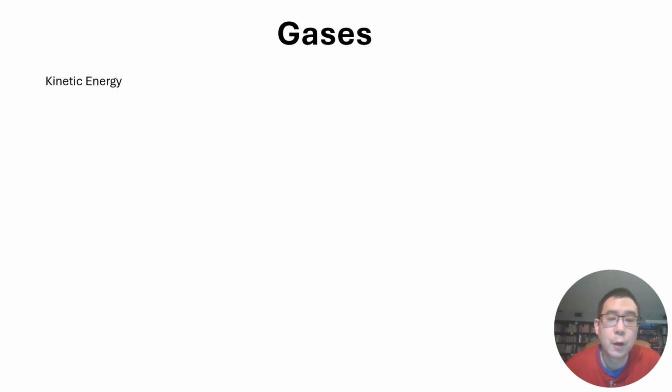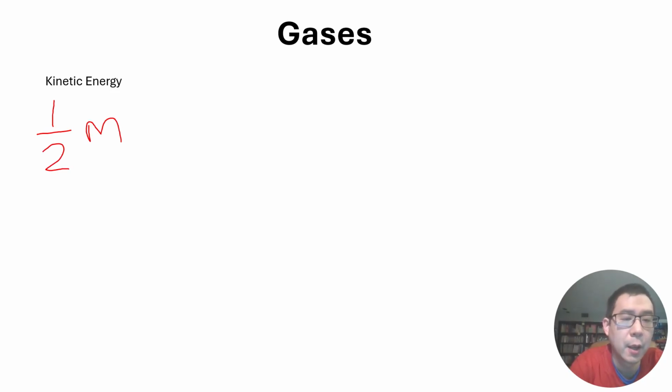Okay, so when we think about gases, one of the first things we touched on was kinetic energy. Now the formula for kinetic energy, and this is not just for gases, this is for anything. Kinetic energy, or the energy of motion, is 1/2 m, which is mass, times v, which is velocity, squared.